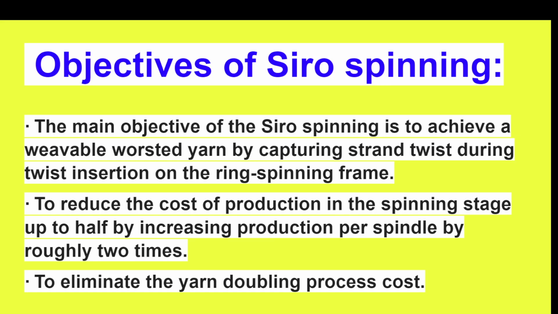Guys, as I told you, the main objective of the Siro spinning mechanism, system or process is to achieve a weavable worsted yarn by capturing strand twist during twist insertion on the ring frame machine.